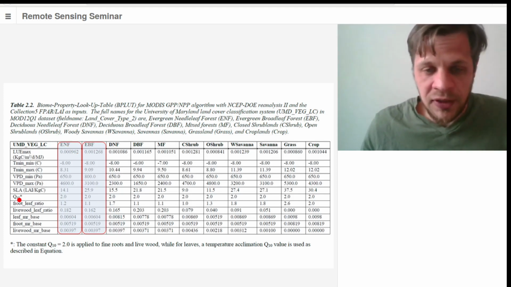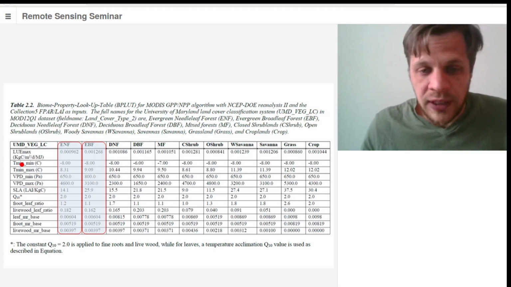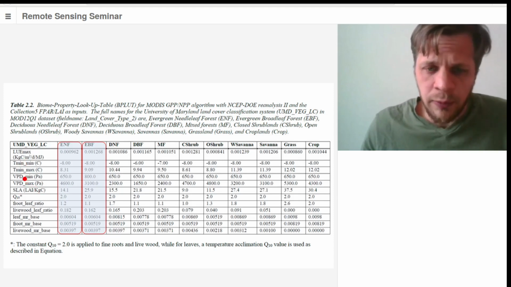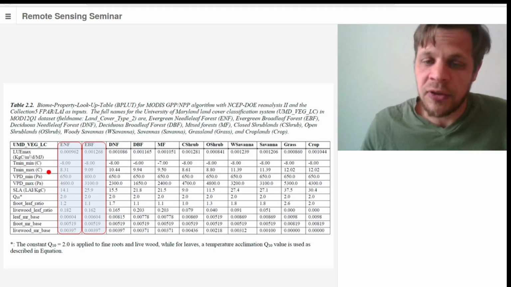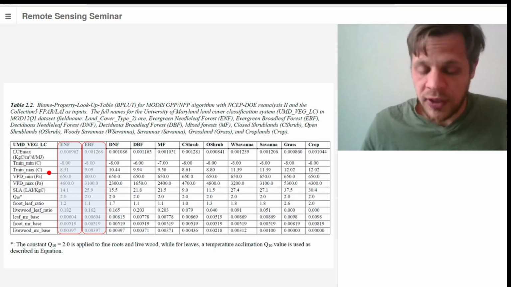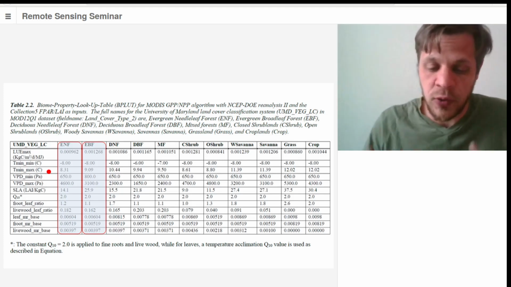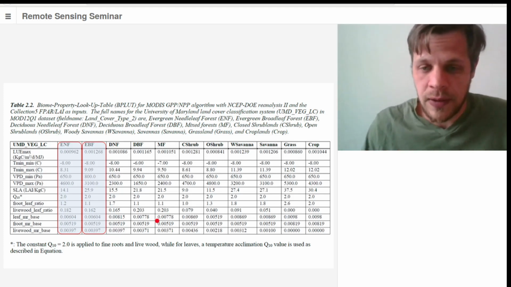Some other parameters, like this Q10, are the same for each type of biome. It doesn't change. And then you have the minimum temperature and the minimum and maximum vapor pressure deficit. These values determine when the stomata close or open, so that the trees can gather more carbon.